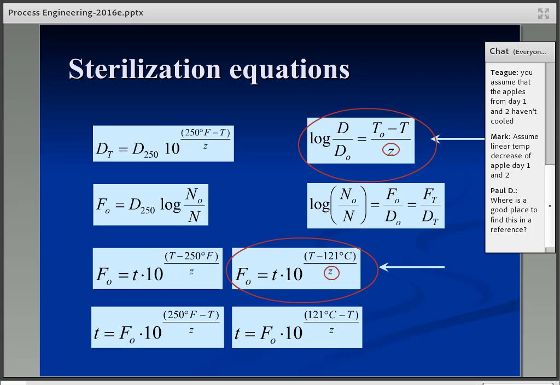In this case it's written out with a reference of 121C. If you were in English units, the reference is 250F, and then F0 is the reference F value, and the small t is the thermal death time. So again, it relates the two different values at two different temperatures when you're making these calculations.